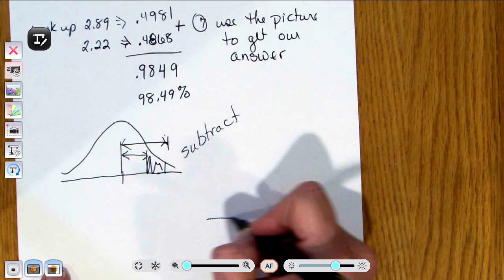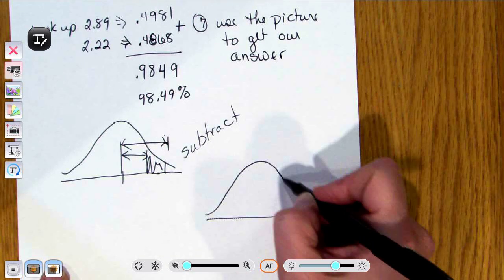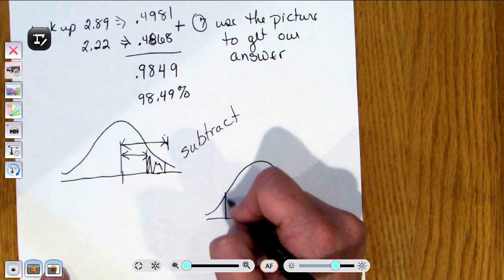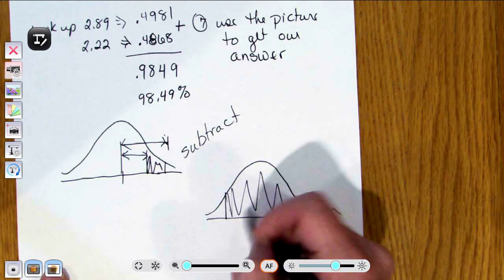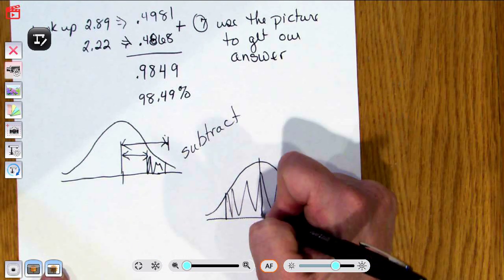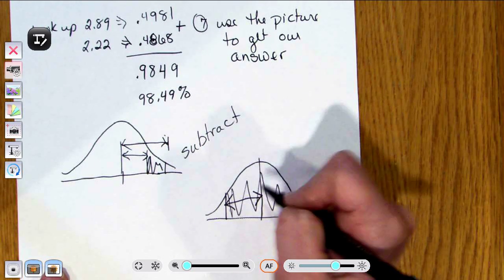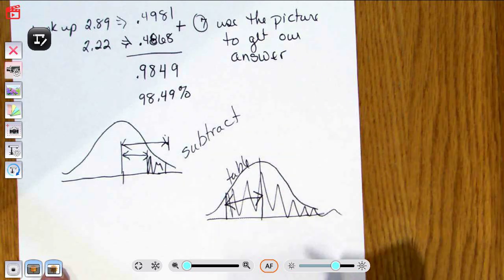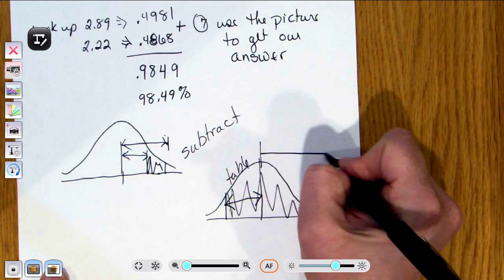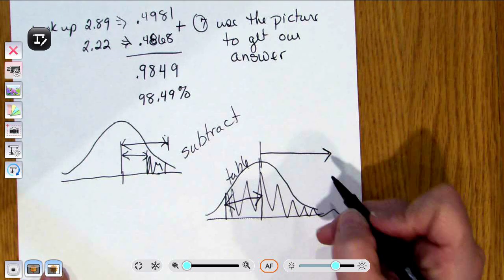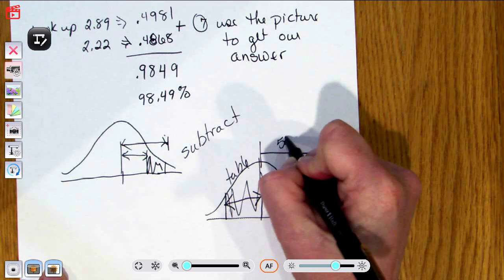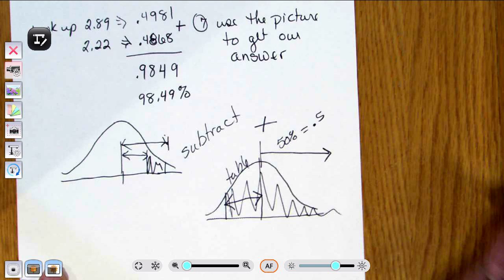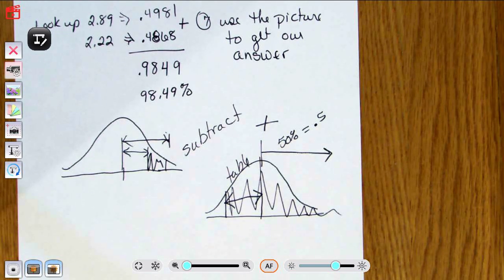If we have a tail that we're looking at, we did one at the beginning, but let's say we had a big tail and we wanted bigger than this. The table will give us this value. What we will need to do is add on this piece, which is 50% of our data, or 0.5. So here we would add those two pieces.